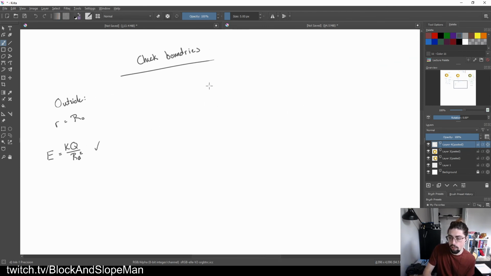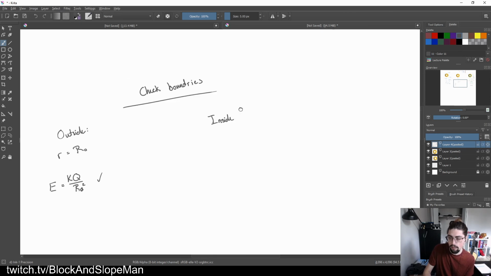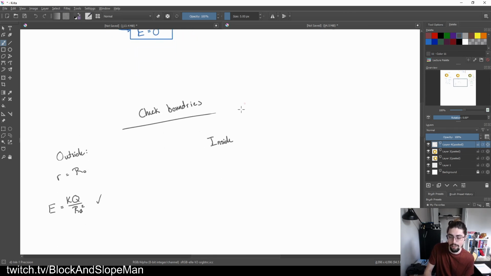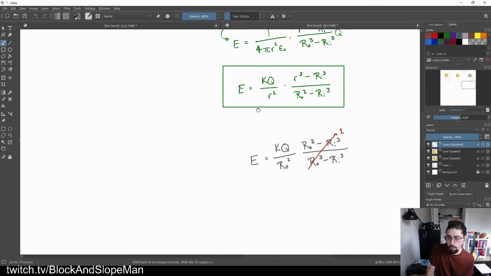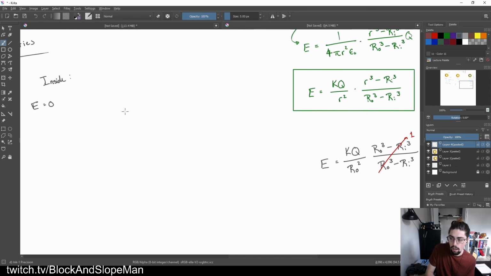What about the inside boundary? Basically, we are expecting E to equal 0. Does it work? When we go over here, we plug that in. We say, okay, imagine if we had plugged in where r is equal to r inside, what do I get?